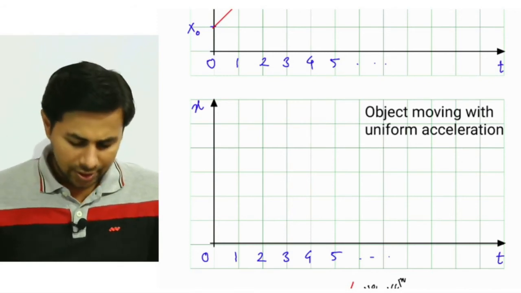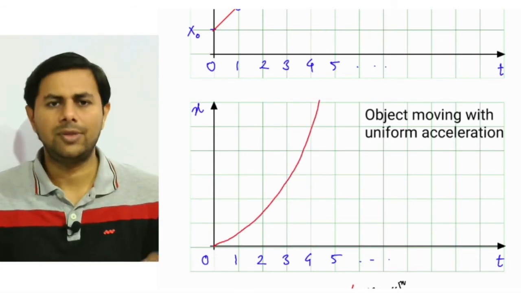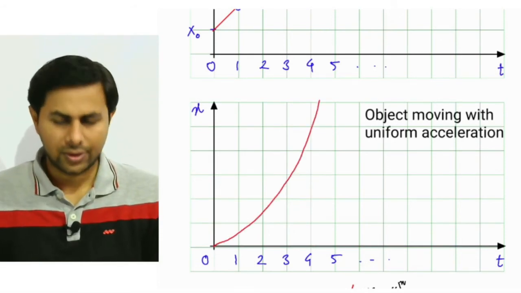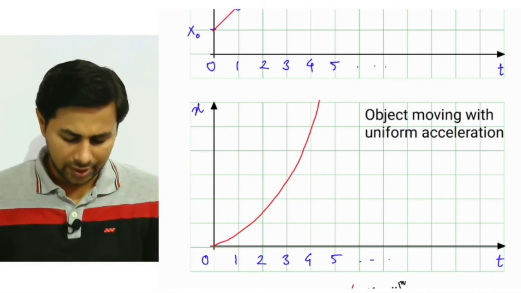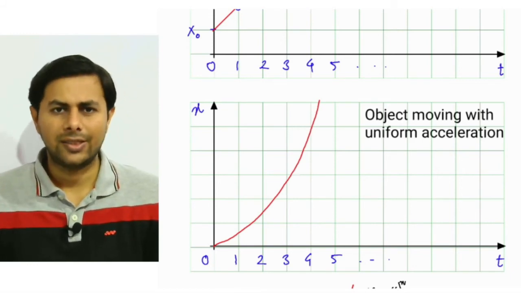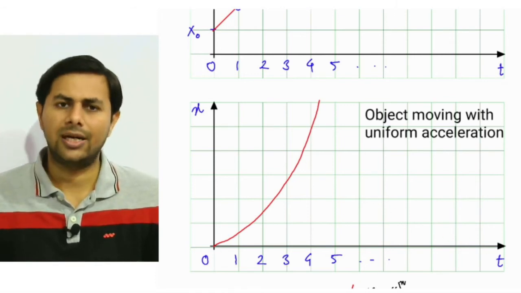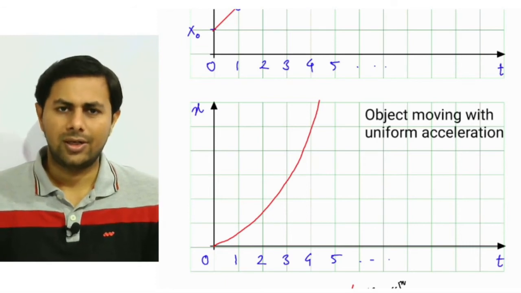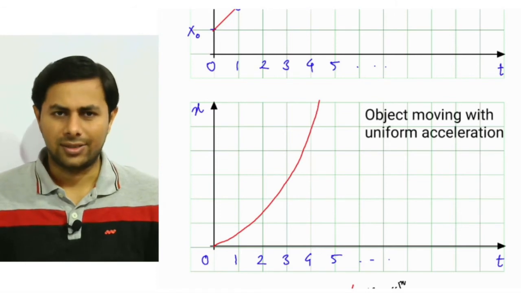It will look something like this, because if acceleration is positive, the graph will curve towards the position axis, and if acceleration is negative, it will curve towards the time axis. Of course this graph is not drawn to scale, but more or less it will look like this.